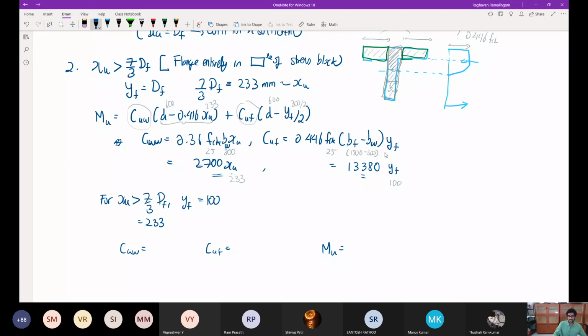Substitute XU to find CUW, substitute YF to find CUF, then substitute CUW and CUF into the equation for moment. Tell me one by one, or at least tell me what the moment is, though I prefer getting CUW, CUF, and MU.